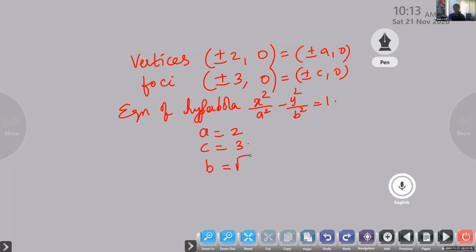B is root 5. Is it correct, Michael? Yes, ma'am. Okay. So the equation of the hyperbola is x squared by 4 minus y squared by 5 is equal to 1.